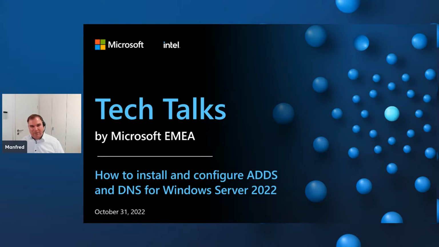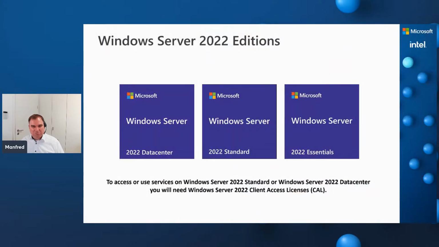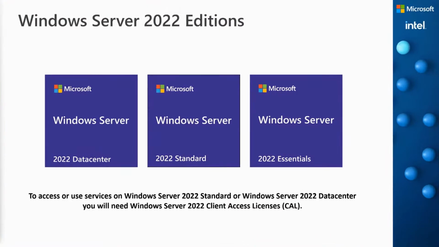Maybe I can add something regarding the licensing questions we had, because we had questions about the editions and whether there is any license server where we enter the licenses. For sure, when we want to access Windows Server 2022, or use services provided by Windows Server 2022, then we need Windows Server 2022 client access licenses.